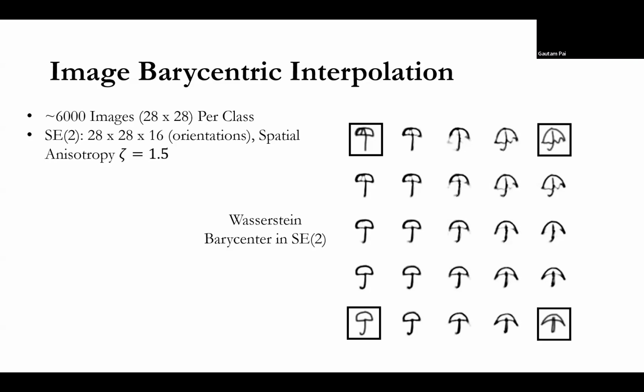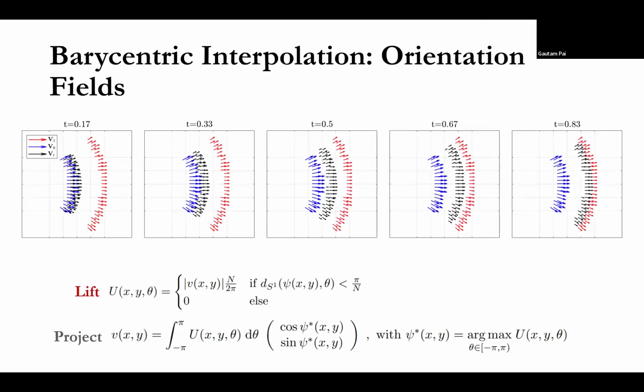Then we tried interpolating between orientation fields, which are basically positions and orientations, like the example earlier. You lift by just putting an indicator, like a delta function, at a particular position and orientation in this lifted space, and then just do SE2 Wasserstein interpolation.